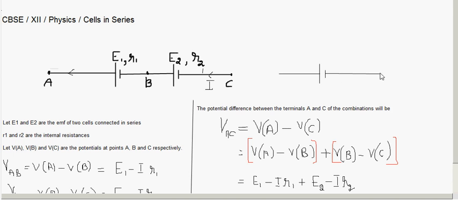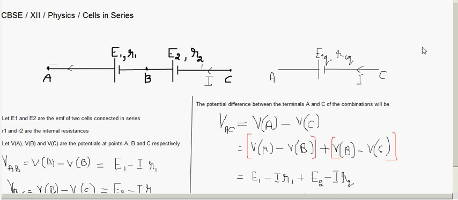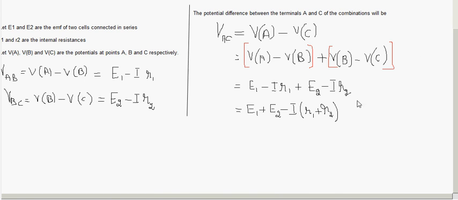This point is A, C, this is E equivalent in series with R equivalent. The whole combination we are replacing by one cell. Take this equation as equation 1.